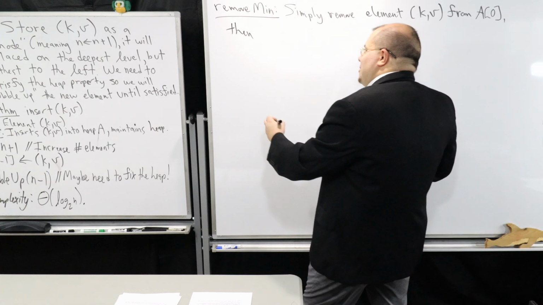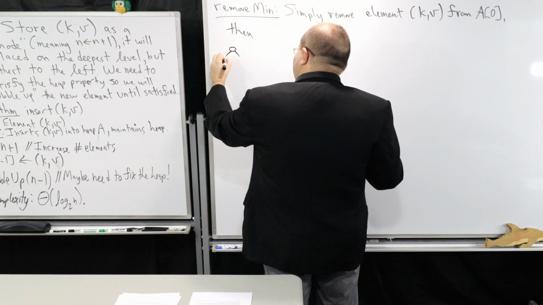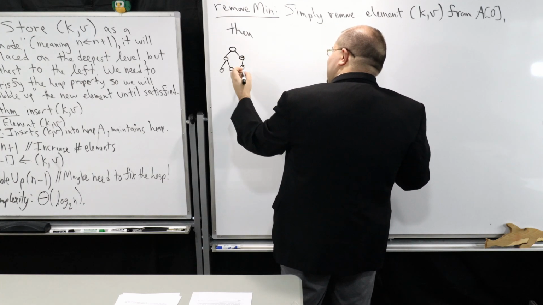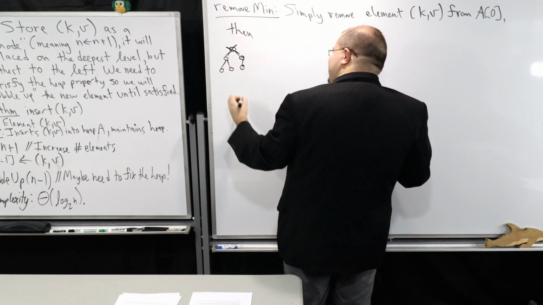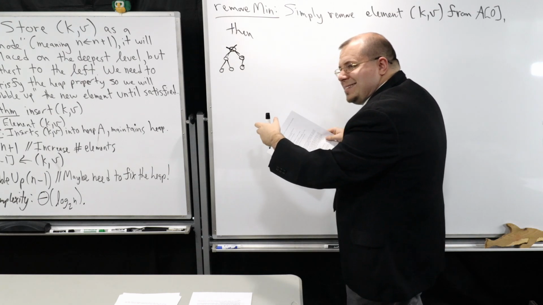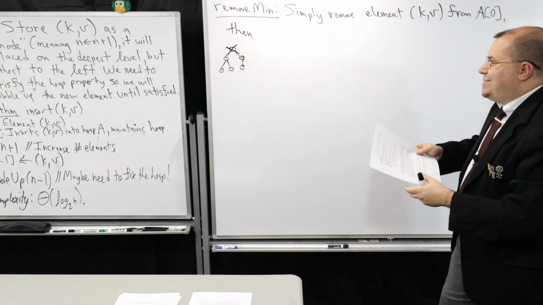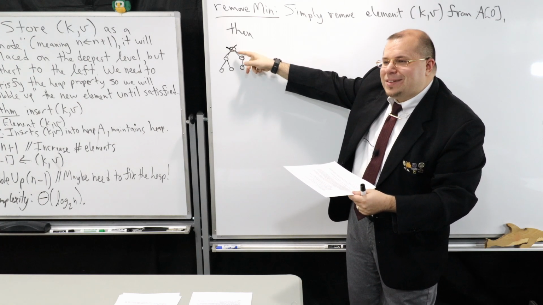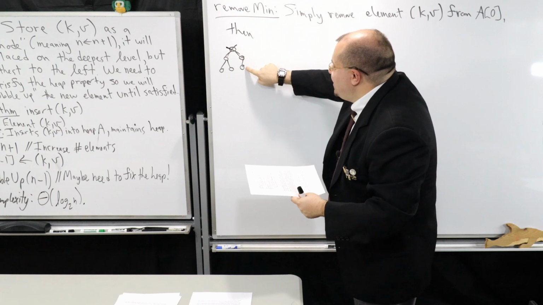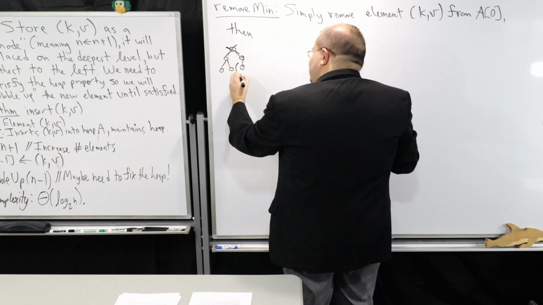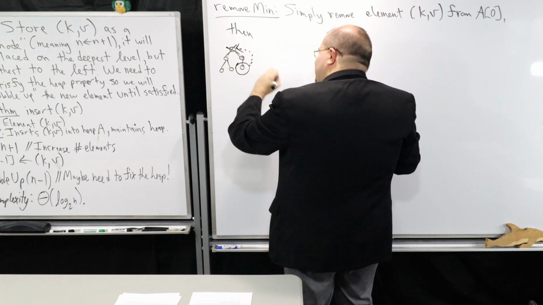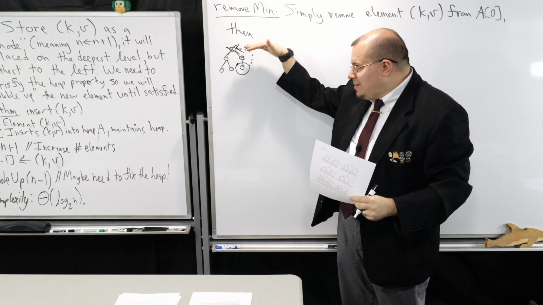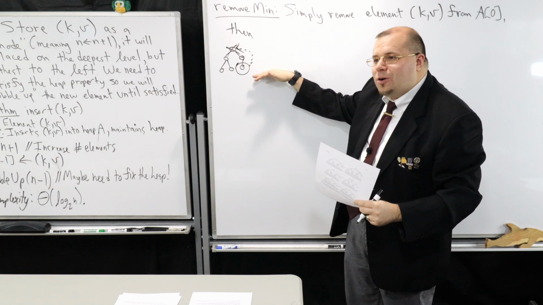So just to be clear, imagine it looks something like this. This is just a little doodle. So say it looks like this, and I get rid of this. Some goblin comes and takes this, and is like, ah, it's mine. It's mine. And they take away your element, the minimum. What happens is, I'm suggesting you take this one, and you move it up to the root, and you would agree with me that this would maintain the structure that each level, one after the other, except for the bottom one, is full.